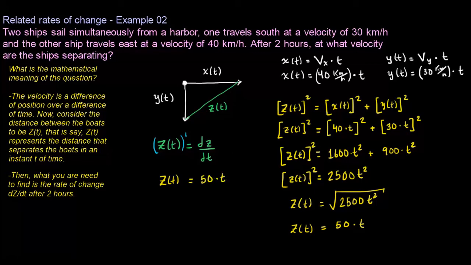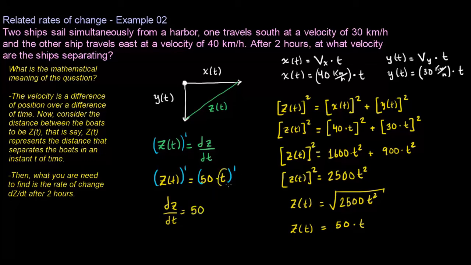Now if I take the derivative of this, c prime of t will be equal to this. I'm going to write it here below: dc over dt will be equal to the derivative, in this case, of 50 times t, which is only 50.